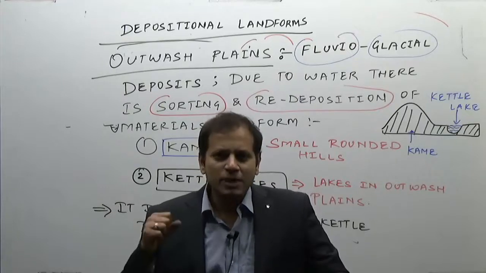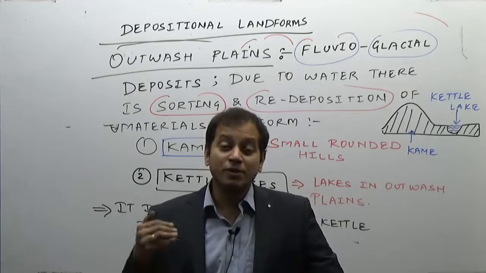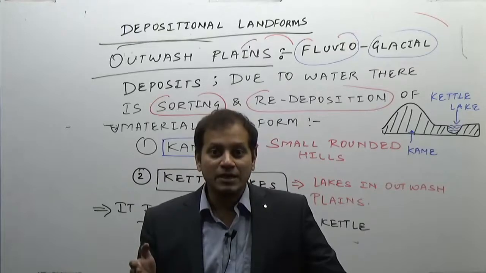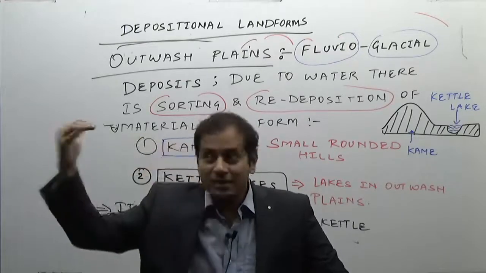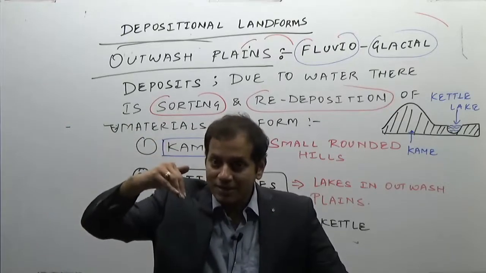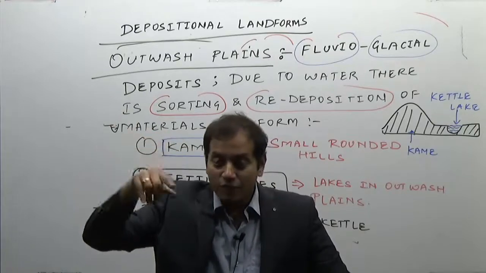Why? Because of the very high availability of water, waterfalls, hanging valleys, U-shaped valleys, truncated spurs. After the melting of the glacier, such glaciers join the main valley through waterfalls.